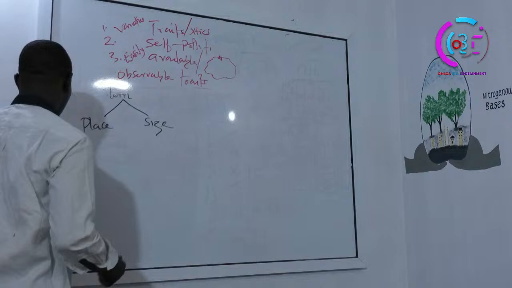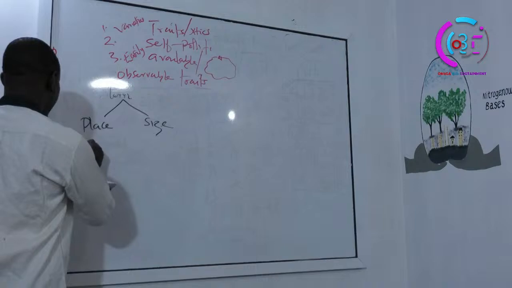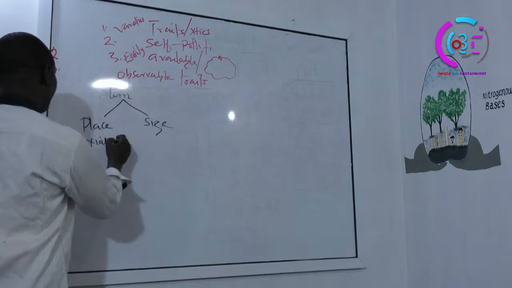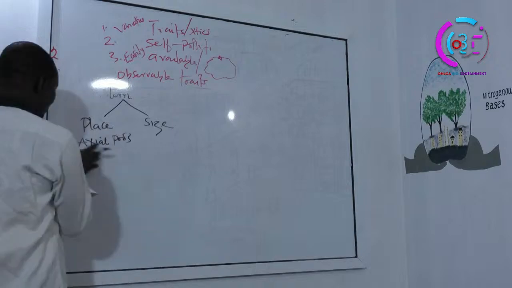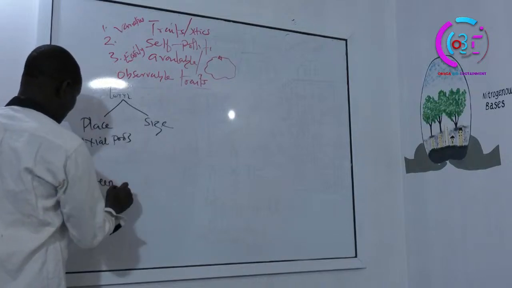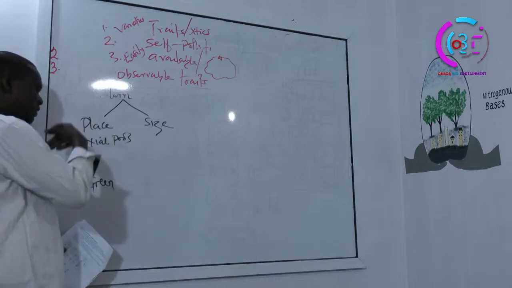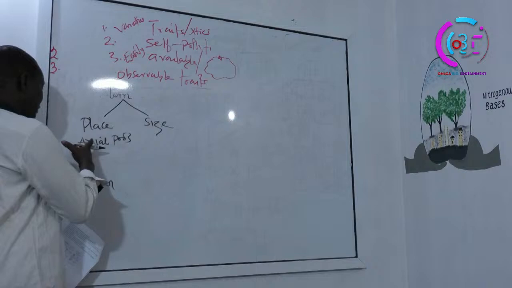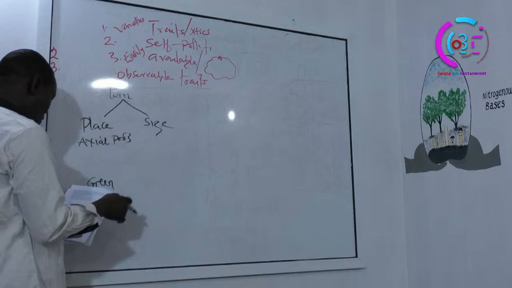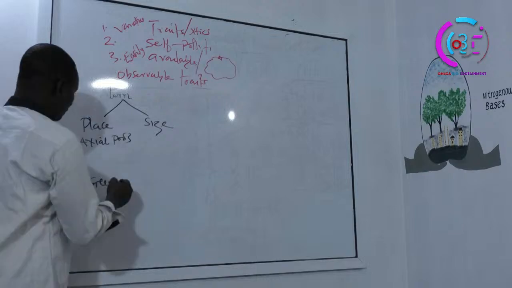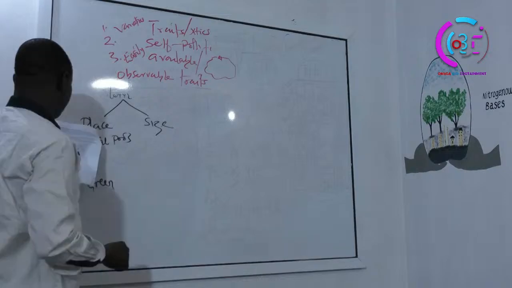If you are talking about the place, it is axial or terminal, and axial is going to be dominant over terminal. Axial is the location of the stem.